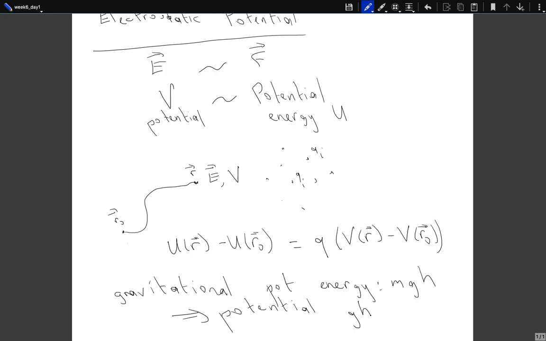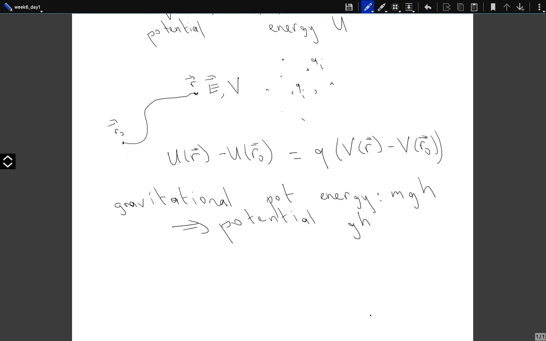And just like the potential energy, we cannot define the potential uniquely, but what we can define is the potential difference between these 2 points. And we said that the potential difference between 2 points is just minus the integral of E dot dl, from the point R0 up to the point R. You see, we know that the electric force is a conservative force.